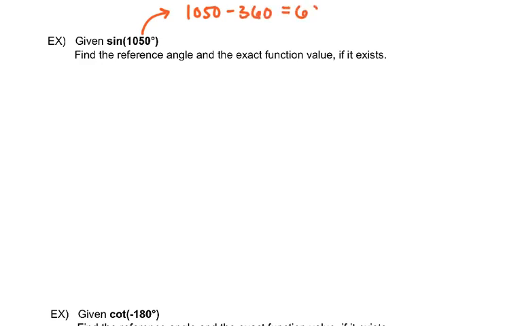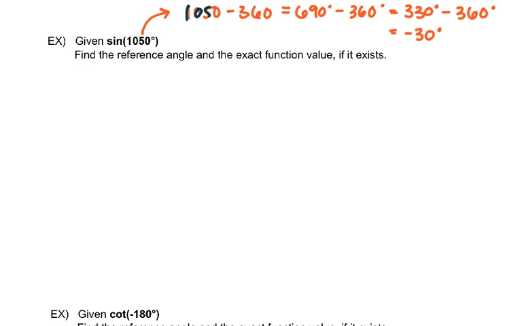That gives me 690, another coterminal angle. Subtract 360 again. That gives me 330. So 330 degrees is an angle in quadrant 4. I could also subtract 360 a third time. That gives me another coterminal angle of negative 30 degrees.